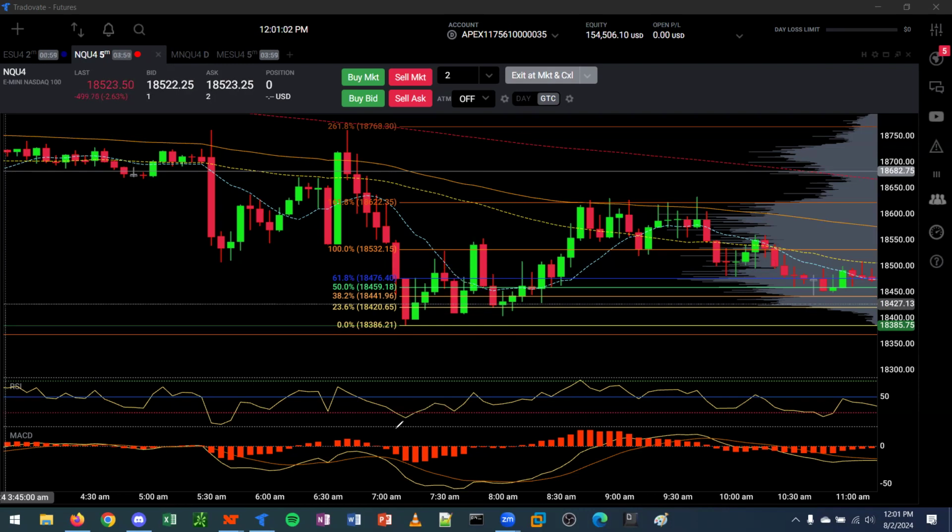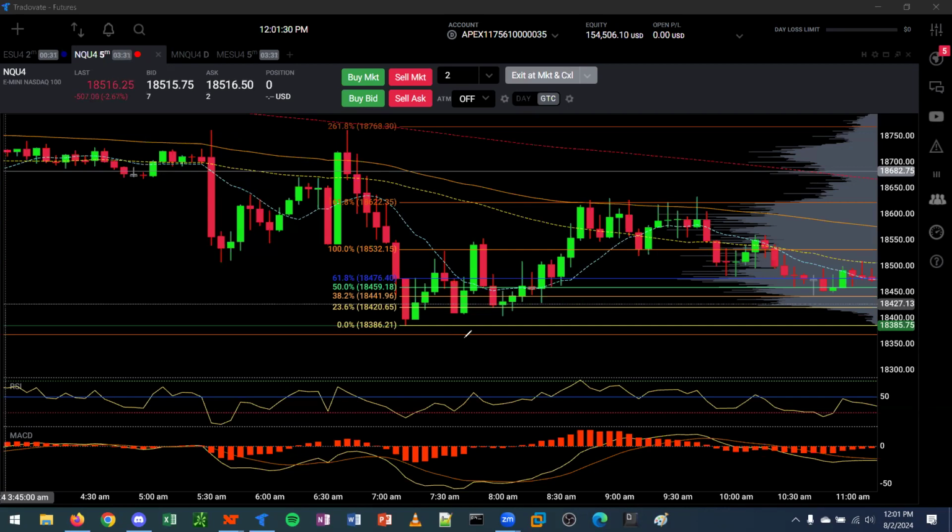Right? Because right here, if you would have got in right here, you would have had this against you, the moving average slope is steep down, and you don't have no higher low right here. See, on the RSI, there's no higher low at all. It's just a straight line up. But if we would have got a higher low right here, like that, instead of over here, then this probably wouldn't have went as far down.